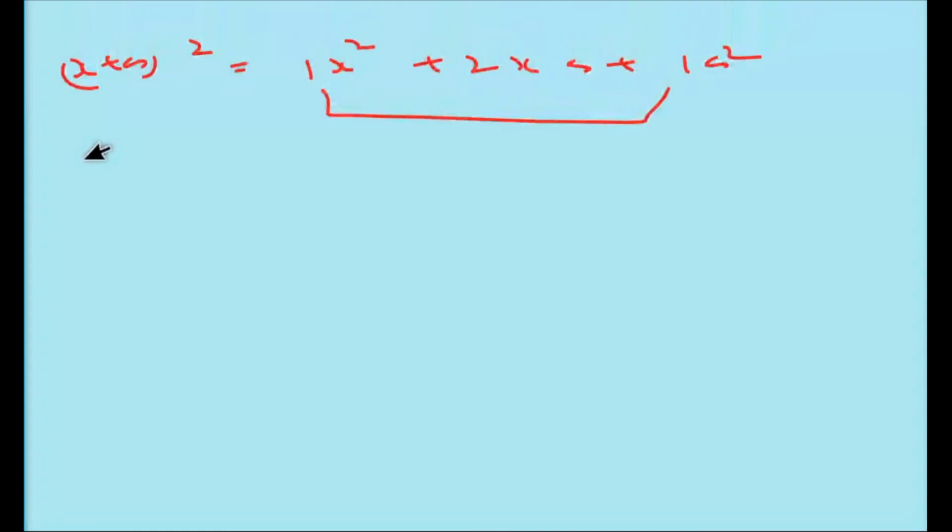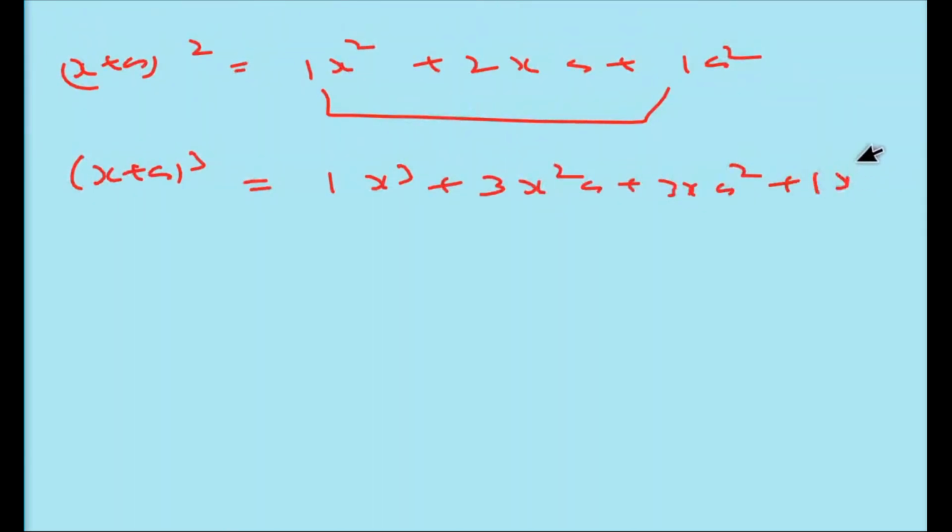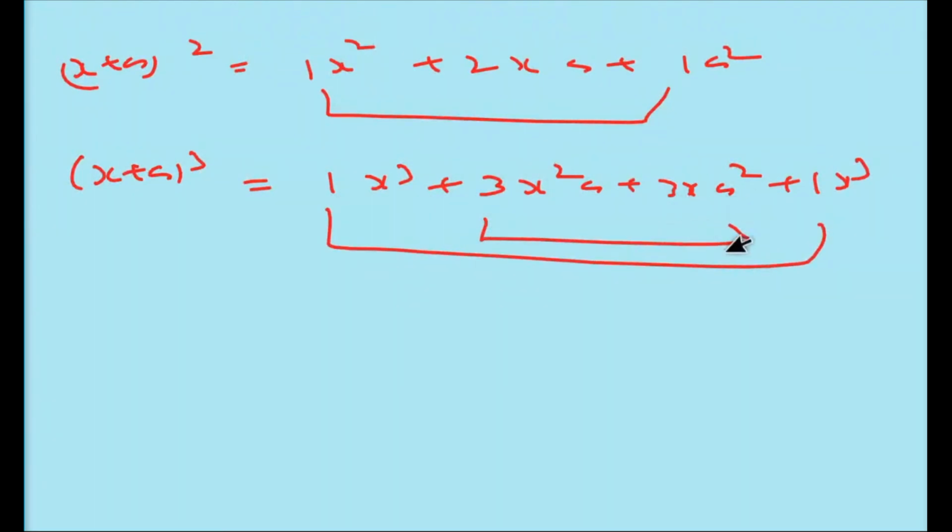Okay, now in Pascal, in the binomial theorem, we can check here: x plus a whole square equals x square plus 2xa plus 1 a square. You can see the coefficients are equal. Okay, x plus a whole cube equals 1 x cube plus 3 x square a plus 3 x a square plus 1 a cube. You can see this coefficient is equal.